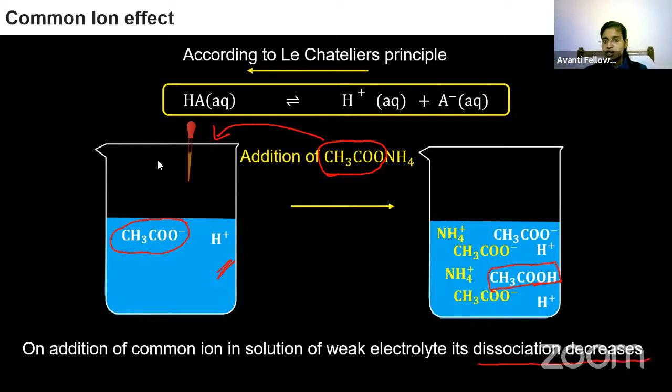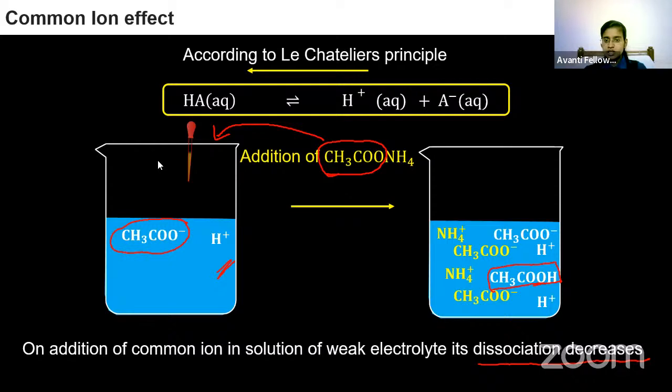Got it? This is called the common ion effect. The acetate ion is common to both. Because of this common ion, the dissociation of the acid decreases. Clear? Also, if I want to find the degree of dissociation alpha for the common ion effect, I have one formula.